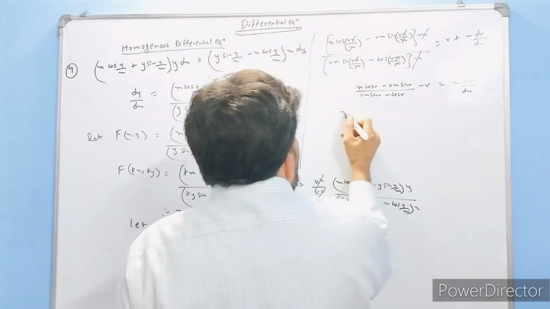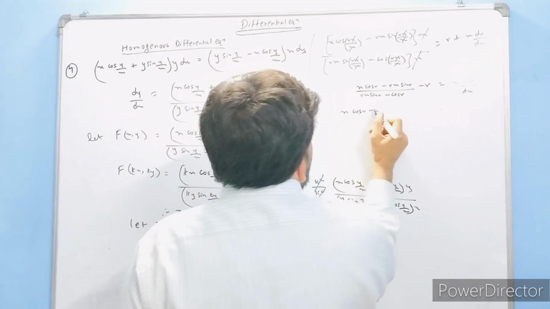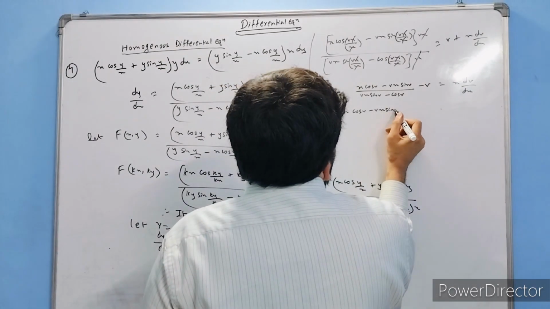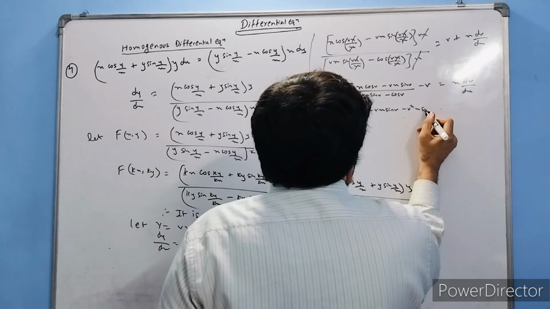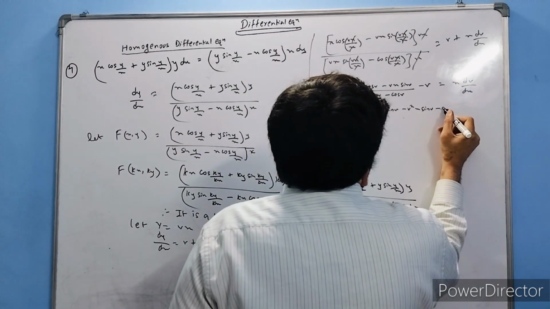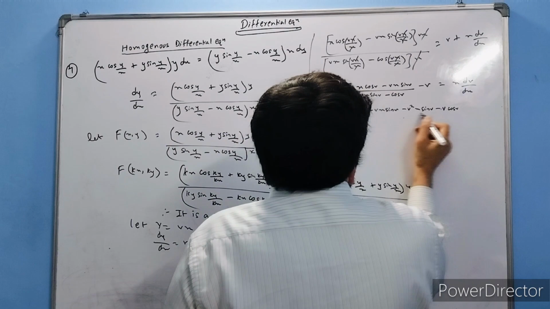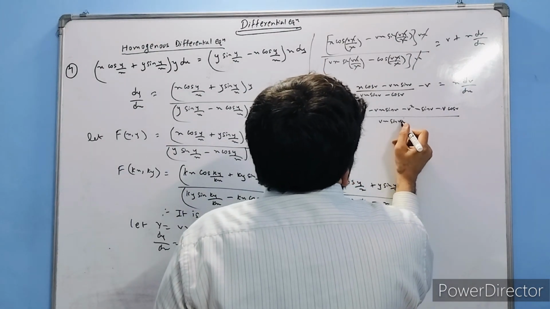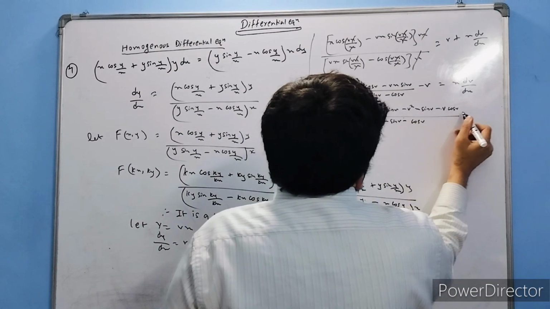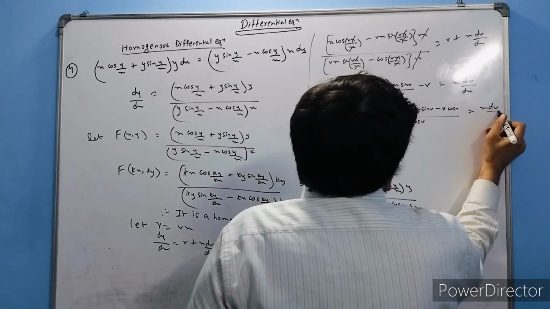So now x cos v minus vx sin v minus v squared x sin v minus v cos v upon vx sin v minus cos v is equal to x dv/dx.